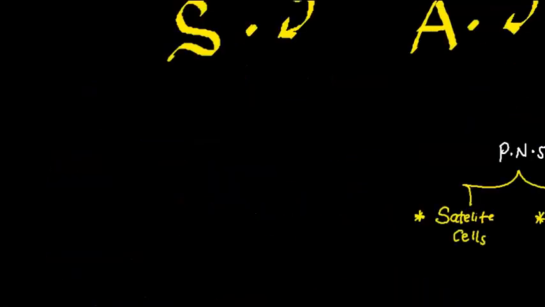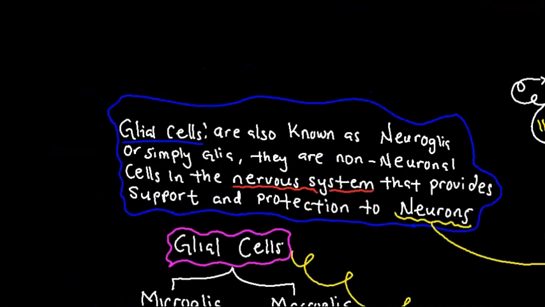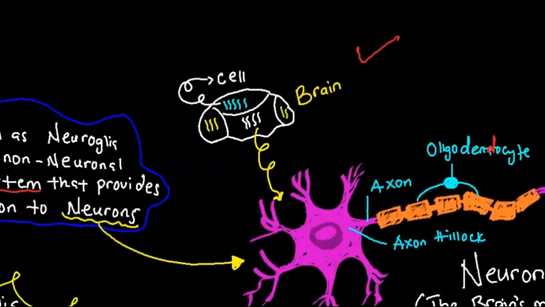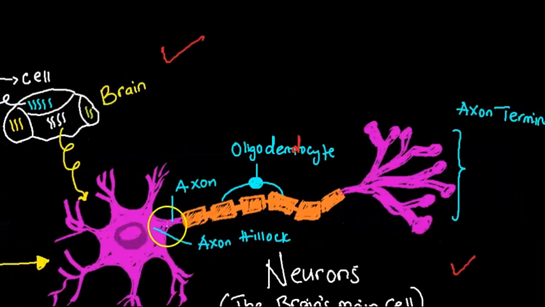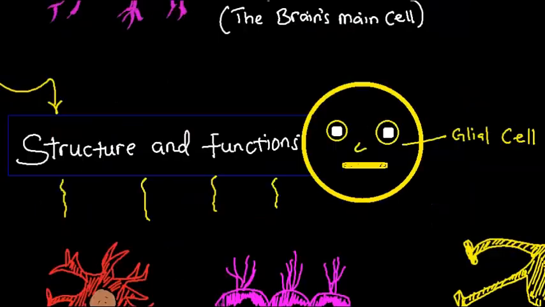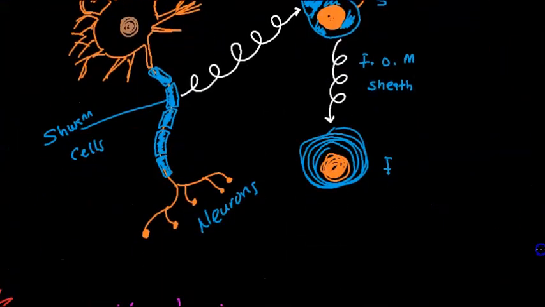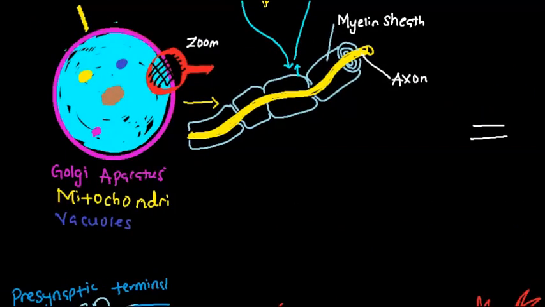If you notice here on the top, when we talk about the neurons, here we have the axon terminal, and here we have the axons. Everything here is the axon. This is the sheath that ties the entire axon. It's what we call the myelin sheath, and what produces that myelin sheath is the oligodendrocyte.